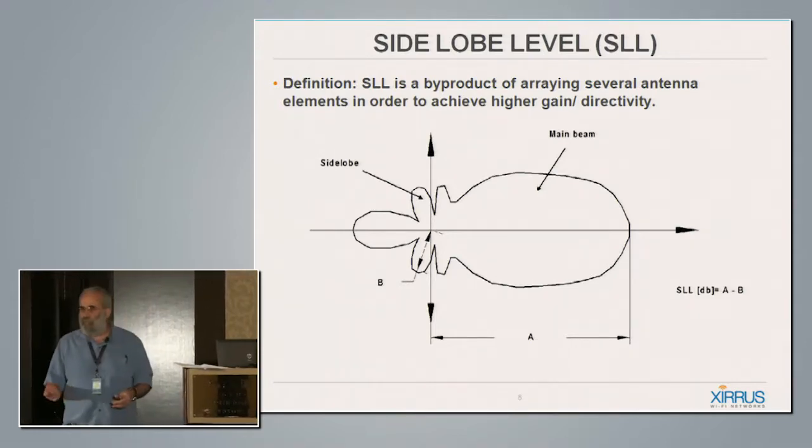And side lobes could be pretty strong, maybe only 13 dB below the main beam. When you're dealing with almost 100 dB of dynamic range, say from plus 10, plus 20 dBm down to minus 100, and the side lobes or the back lobes are only 13 dB below the main beam, they play a very important role.